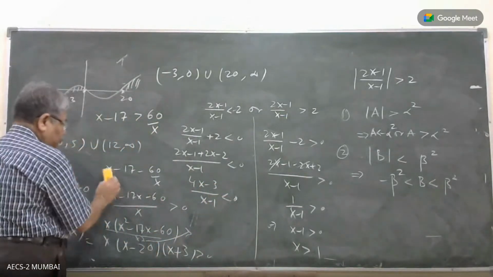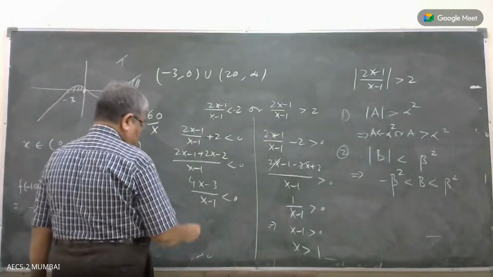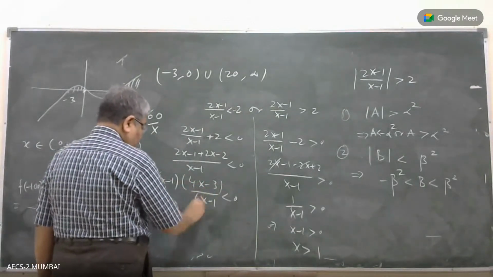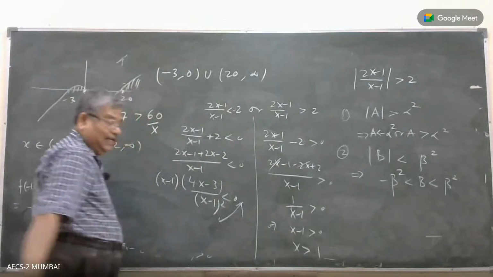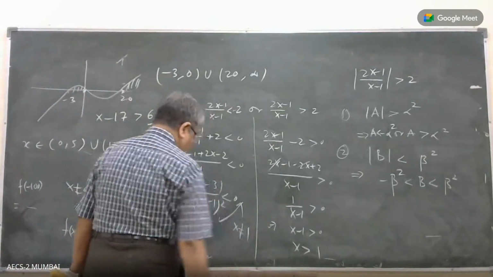Okay? Multiply up and down by, you transfer it there, correct? And say x should not be equal to 1.